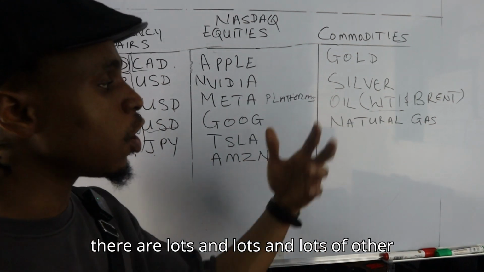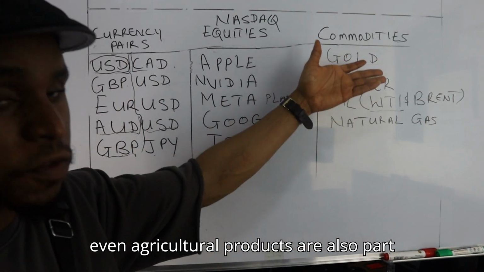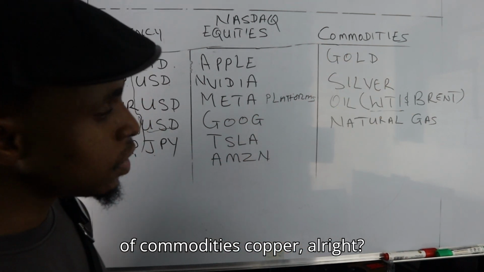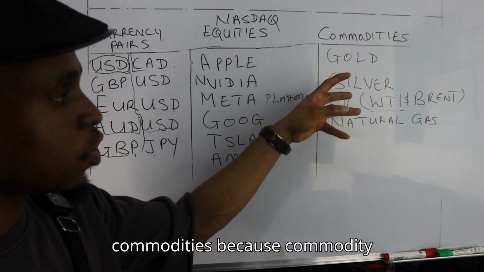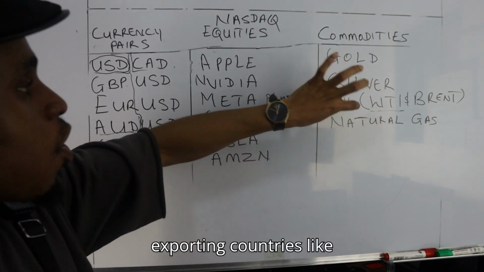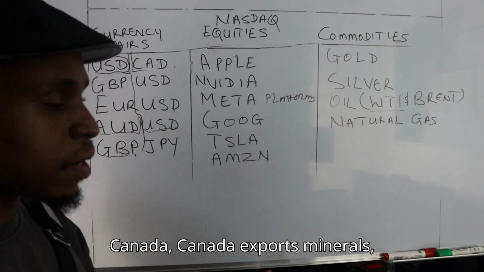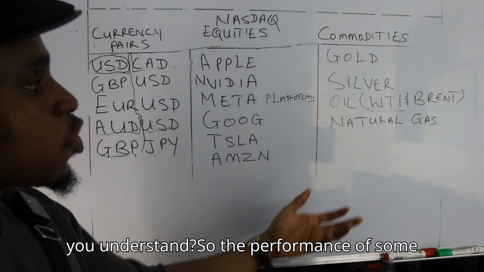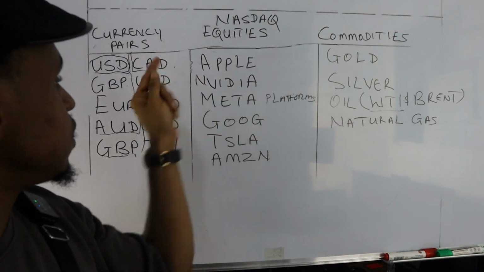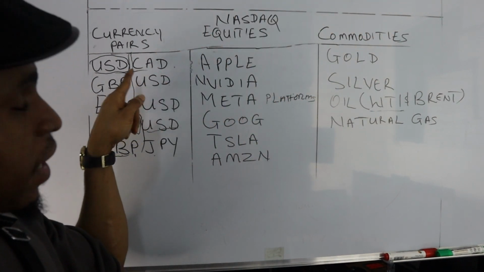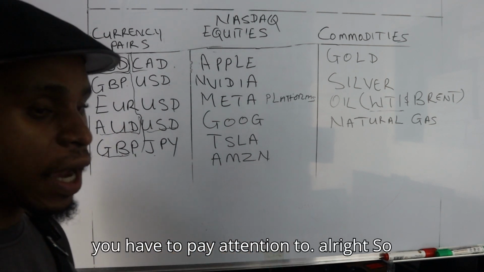There are lots and lots of other products; even agricultural products are also part of commodities. Copper, all right? And it is always important to look at commodities because commodity exporting countries like Canada export minerals. You understand? So the performance of some of these commodities reflects the Canadian dollar. So that is what you have to pay attention to.